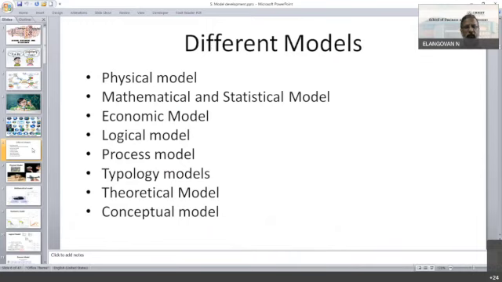Then we have the theoretical model and conceptual model, which are more connected with our research methodology. I have some examples and illustrations to explain these models.